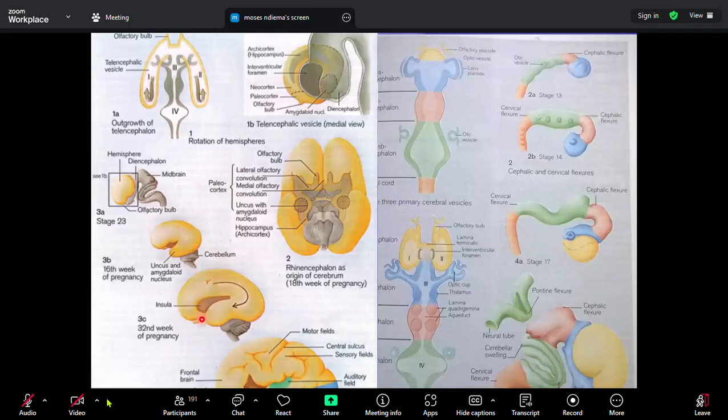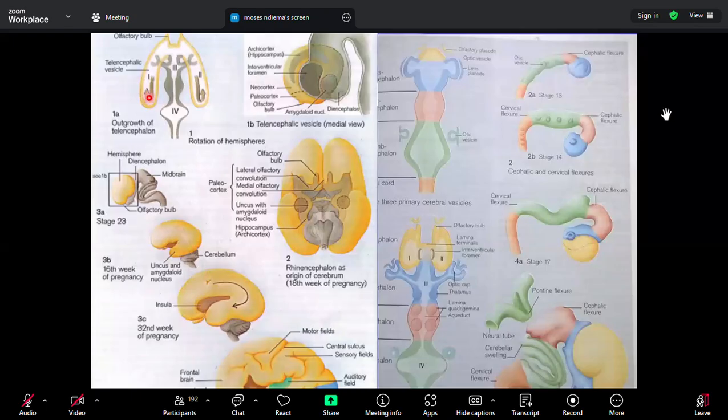So during this hemispheric rotation, this part here comes to be buried by the telencephalon. Similarly, when you look at this, our mesencephalon and diencephalon will be almost buried by the telencephalon here.